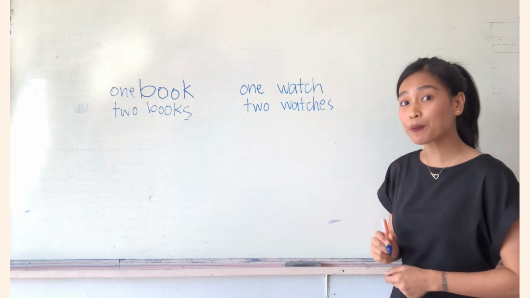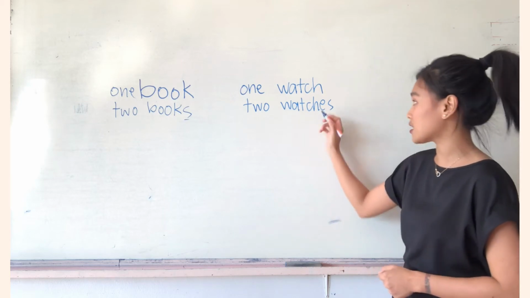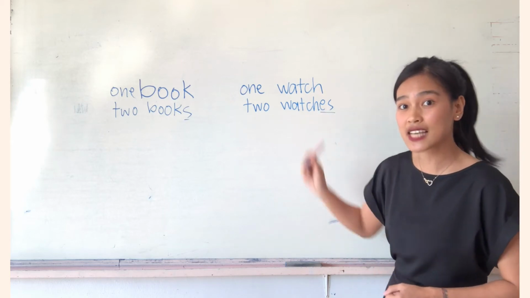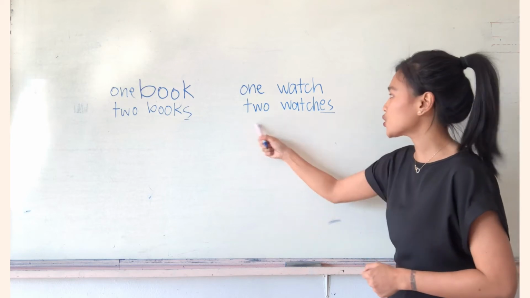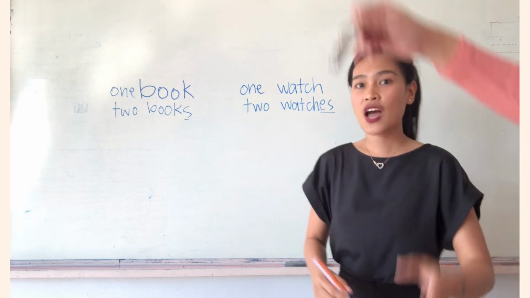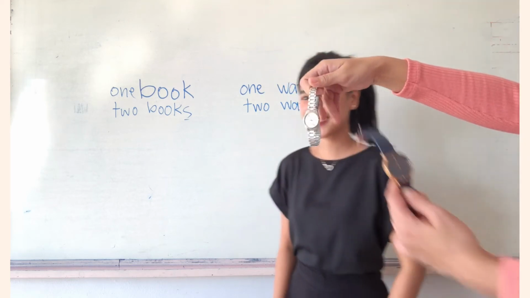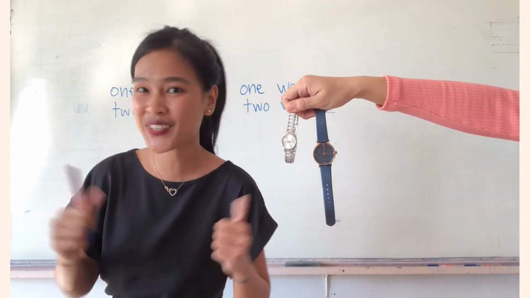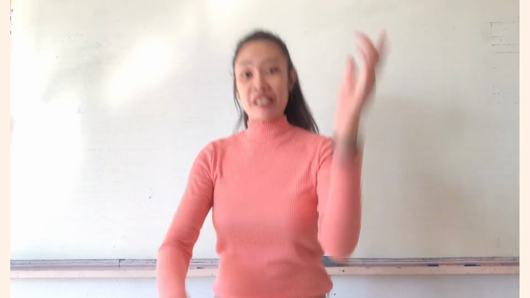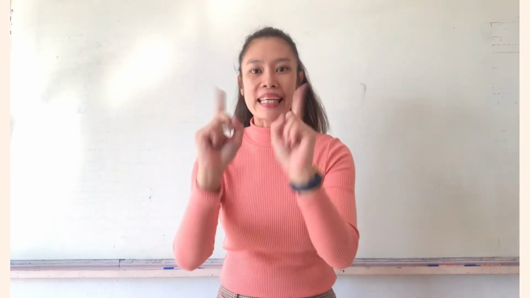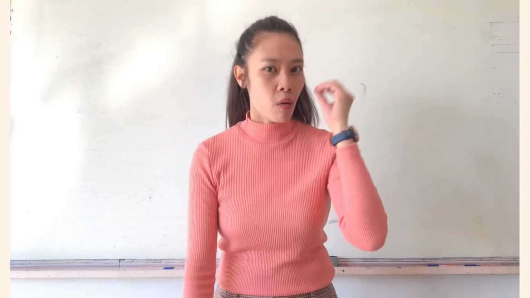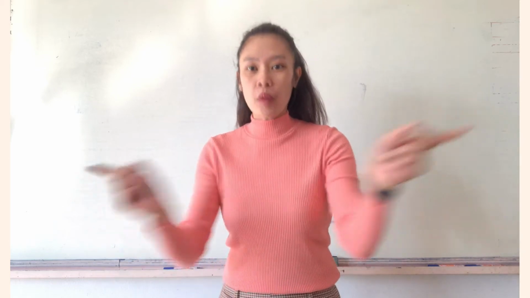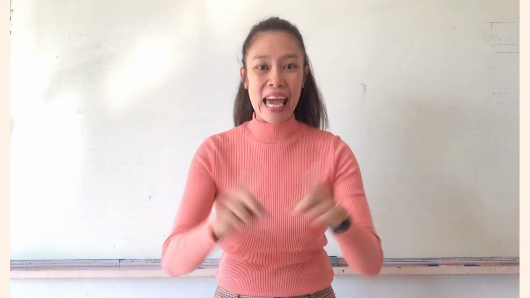Watch is an example of countable noun because we write ES at the end of the word. 1 watch, 2 watches. Understood? Alright, so now let's talk about uncountable nouns or nouns that we cannot count.